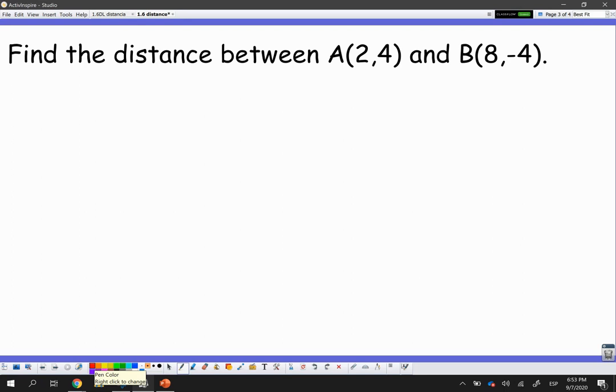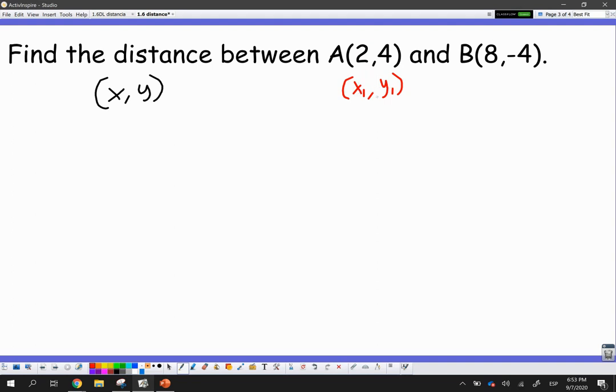Now remember, when I write my coordinate points, my x is always the first number and y is the second. So using this, I can see that in my first point, this will be x1 and this will be y1. Now whichever one is x1, y1 or x2, y2 doesn't really matter. But I always use the first point in the problem to represent x1, y1.